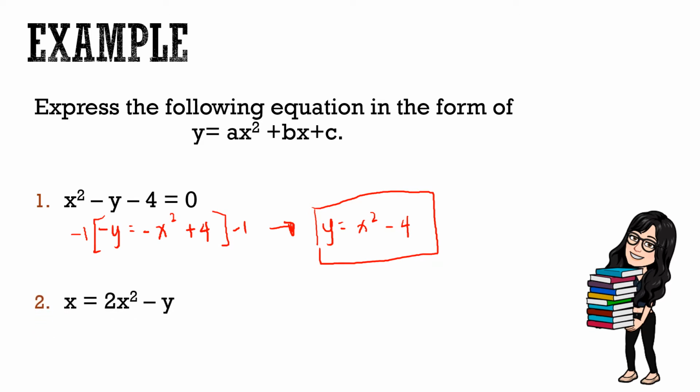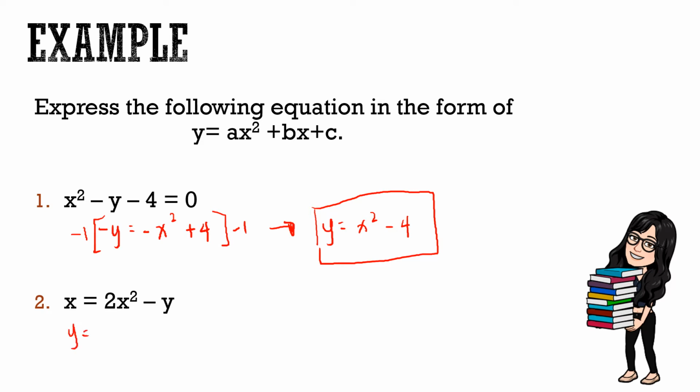Example number 2. X equals 2x squared minus y. Let's move negative y to the other side of the equation and positive x to the other side again. Moving negative y to the other side of the equation will become positive y.